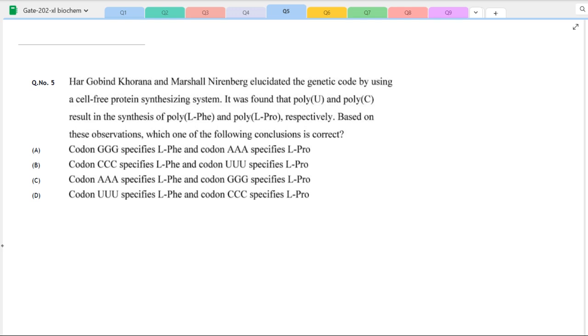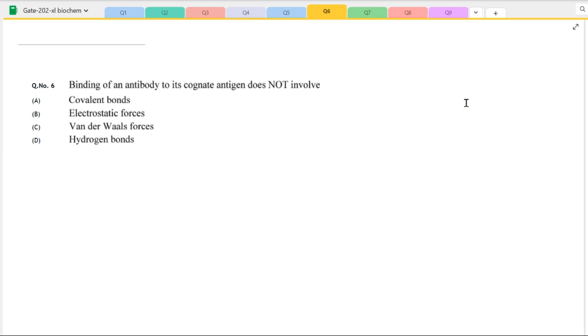The correct answer here is D, wherein the codon UUU, because translation is done by reading 3 bases at a time on the mRNA, will specify L-phenylalanine and codon CCC will specify L-proline, because poly-U and poly-C result in poly-phenylalanine and poly-L-proline respectively. So this is the right answer. It's a very easy question to score. Moving on to the next question.